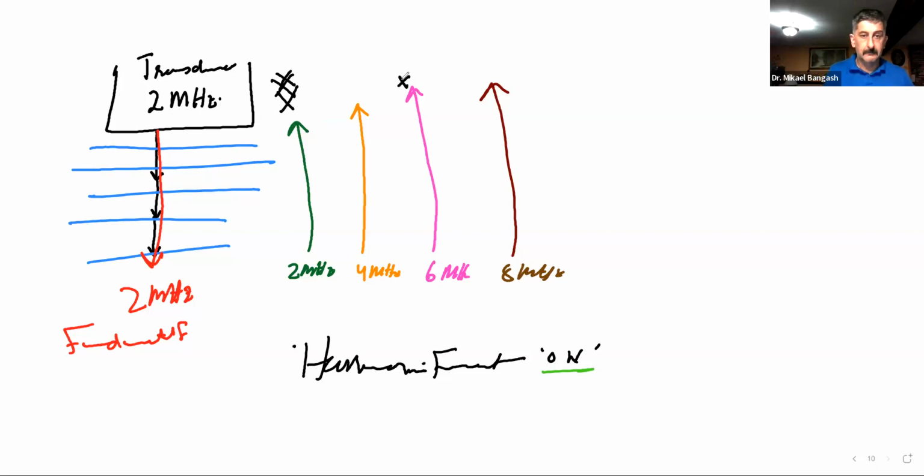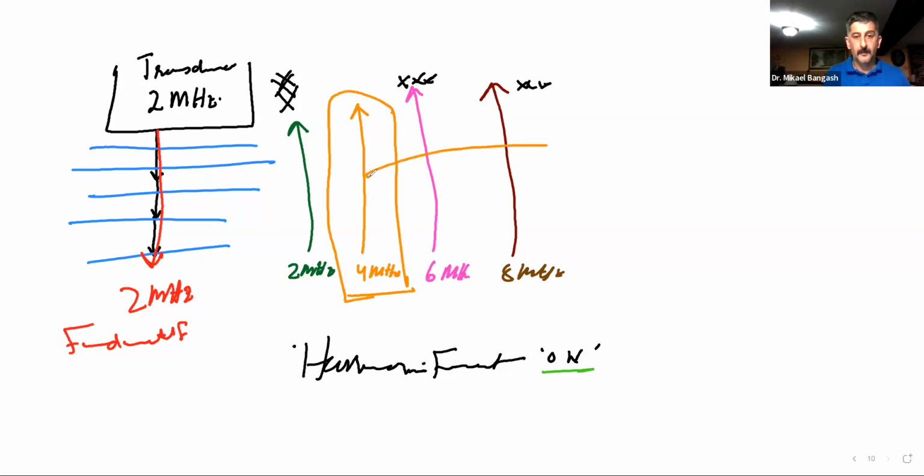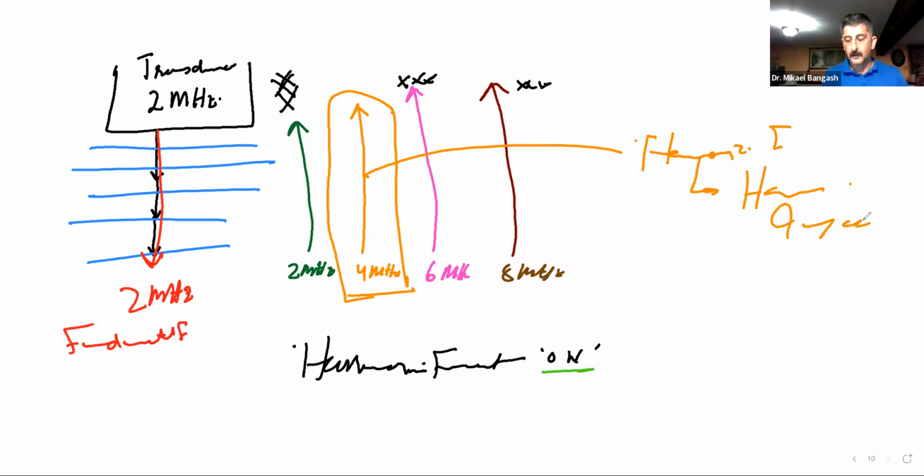For the 6, the system will just discard this, and this one here as well. So what we have left will be 4 megahertz. And this 4 megahertz frequency is going to be your harmonic frequency. That way it produces your harmonic image.